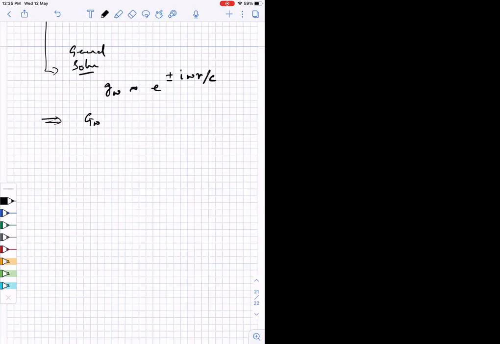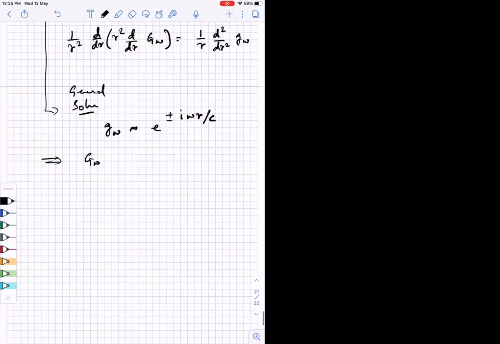What I mean by W is basically omega. It's not W, it's omega, the frequency part, the spectral part. So big G omega is then some constant by r, e to the power plus minus i omega r by c.